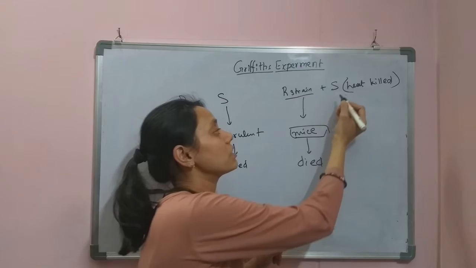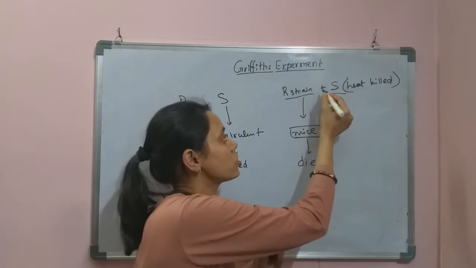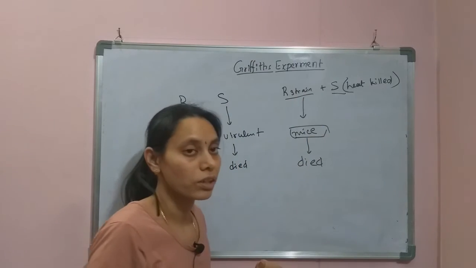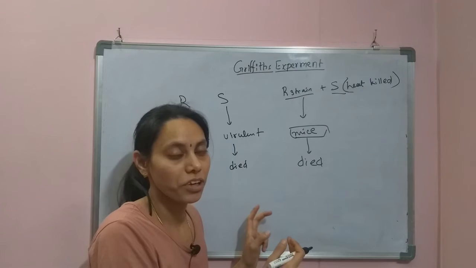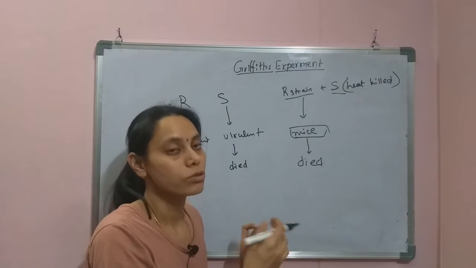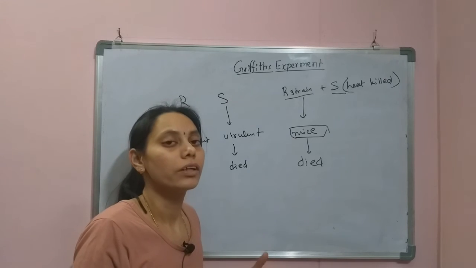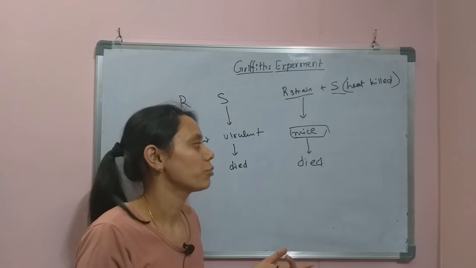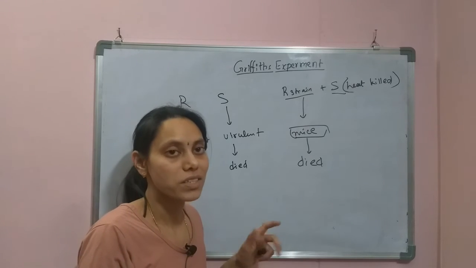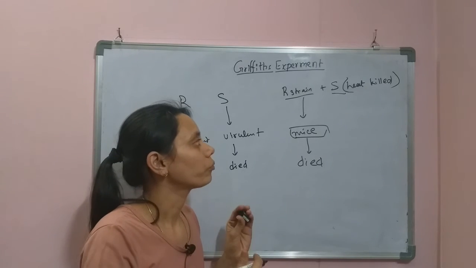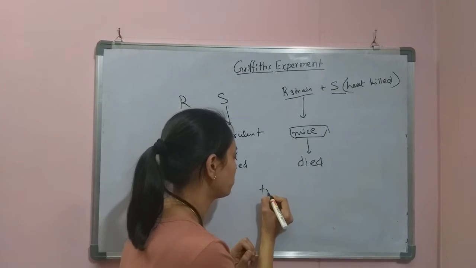That means that this heat killed S strain is able to cause a change in the R strain. That means somehow the R strain is modified by the S strain, so that this R strain is eventually turned into a virulent strain, which caused inflammation and infection in the mice, and the mice eventually died. So he concluded this as a transforming principle.